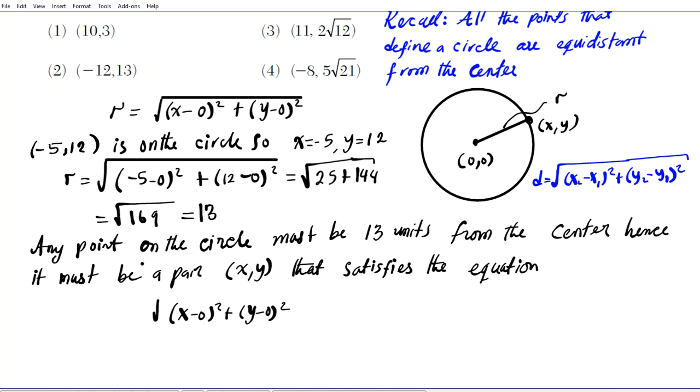This basically helps you compute the value of the radius of a circle centered at 0, 0. This has to be equal to 13 in order for xy to be on this circle under consideration.